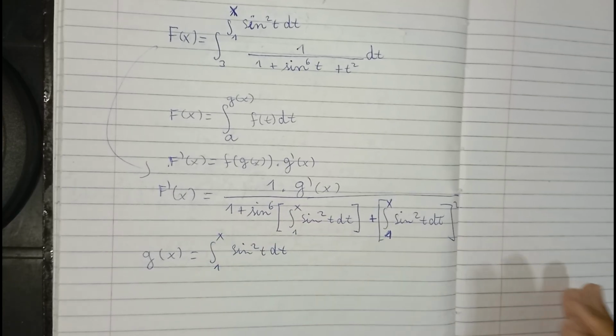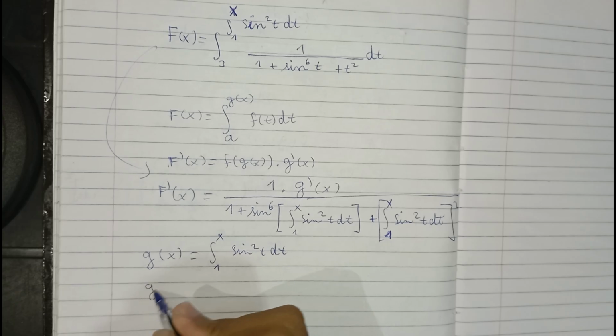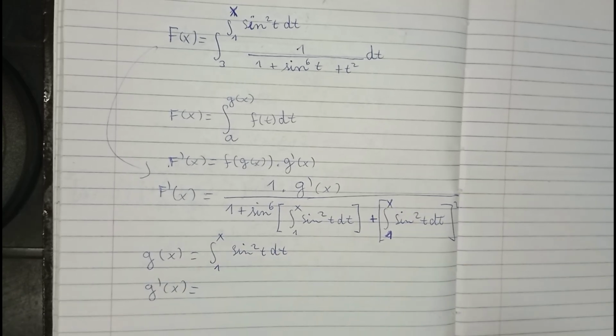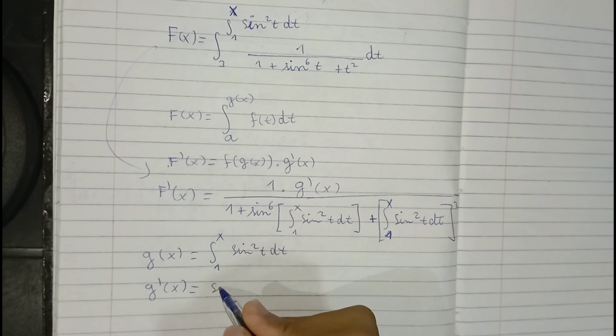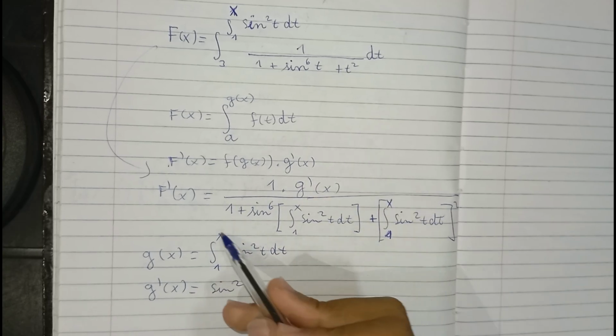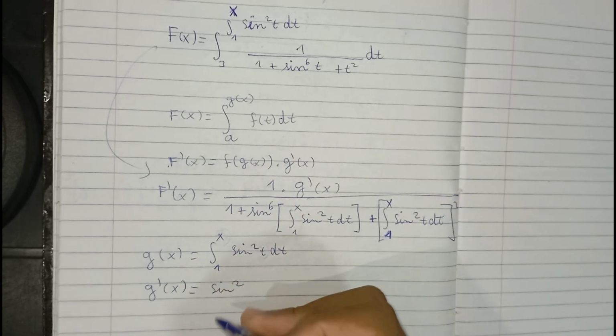Once again, we are going to use the second fundamental theorem of calculus. So what I get here, the derivative of g of x, is equal to sine square, replacing t with the upper limit of the integral.